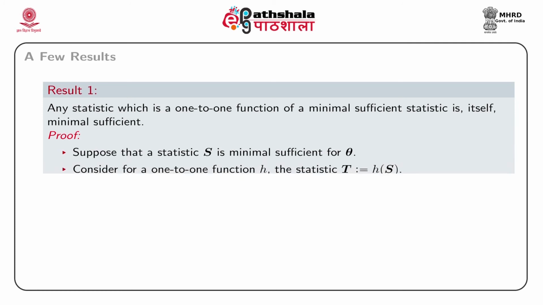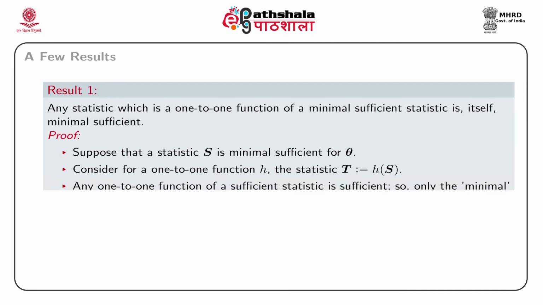Let us consider another statistic capital T equals H(S), where H is a one-to-one function. We know that a one-to-one function of a sufficient statistic or a jointly sufficient statistic is also sufficient or jointly sufficient, and hence T is sufficient for theta.